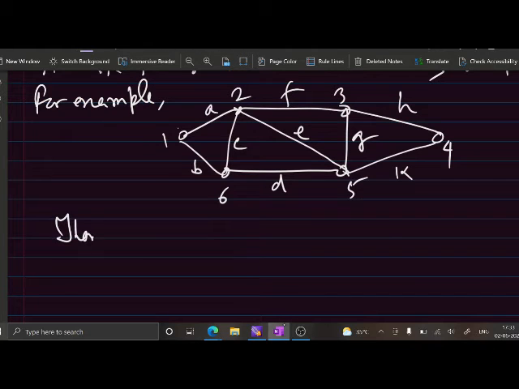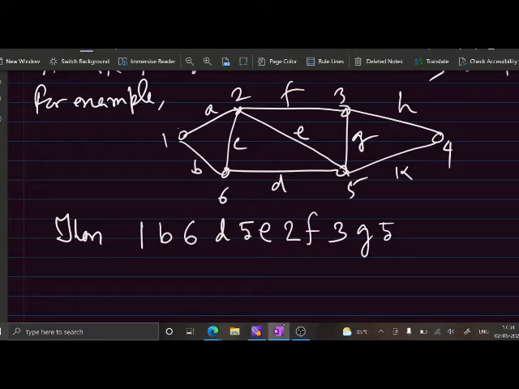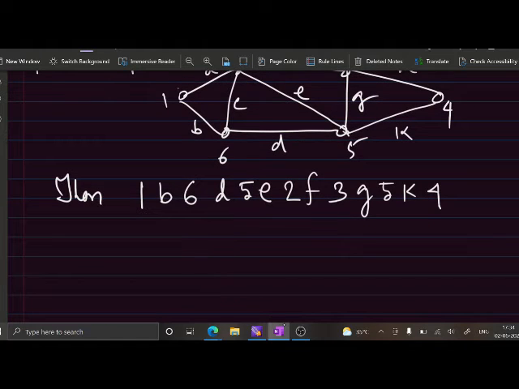Then you can consider this sequence, which starts from 1, then you take the edge b, so it is 6, and then you take the edge d, so it will go to 5, and then it is e, it will go to 2, then it is 5, then it is f, so it should be 3, then it is g, so again you come back to the same vertex 5, and then it is k, and it finishes at 4. So this is going to be a walk.